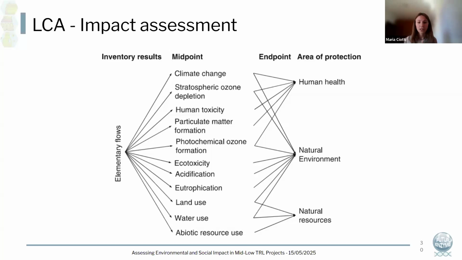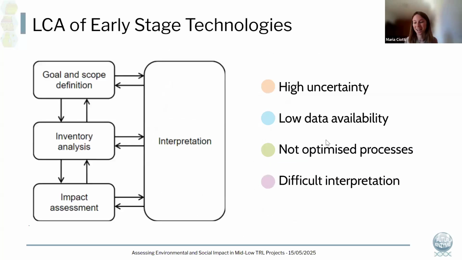So just to conclude, of course, after this impact assessment, we can have our conclusion and environmental analysis. So here you can see a bit also on the left, how the 4 different stages of the LCA interact with each other. Indeed, LCA is not a linear method, but it's a method that keeps building on itself.